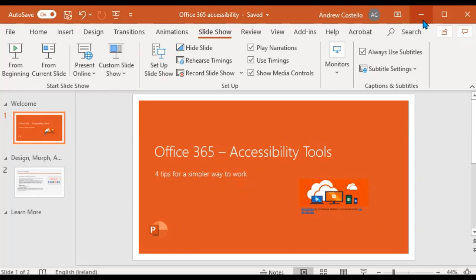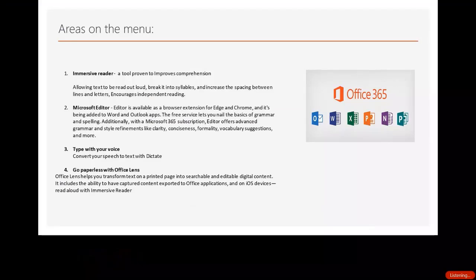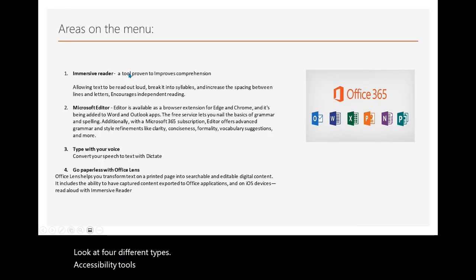Today, in today's session, I'm going to look at 4 different types of accessibility tools. One is the Immersive Reader. Second one is Microsoft Editor. Third is Dictate. And the fourth is Office Lens, which is an app that can run off mobile.